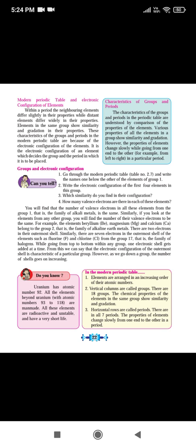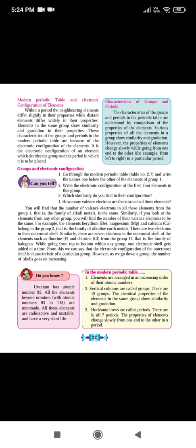In the 18th group, all elements have their duplet or octet complete. That's why they do not take, they do not share, they do not give electrons. So they have zero valency.